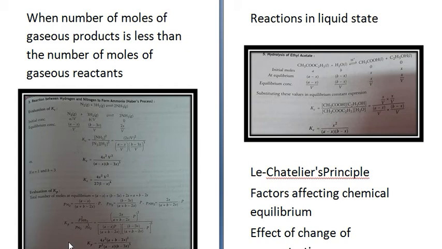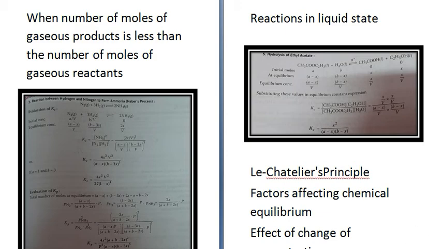So Kp will become equal to P square NH3 divided by PN2 into P cube H2. So that is (2x upon (a plus b minus 2x)) into P whole square, divided by (a minus x) upon (a plus b minus 2x) into P, into (b minus 3x) upon (a plus b minus 2x) into P whole cube.